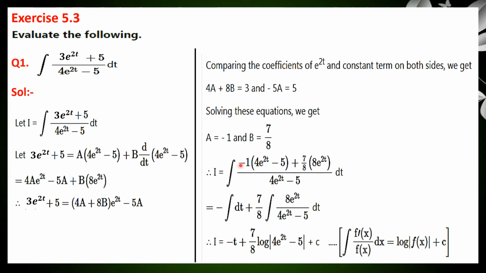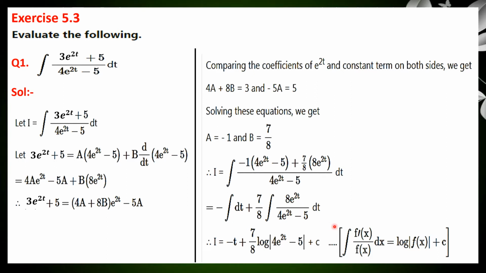Then minus the integral of 1, since numerator and denominator are the same, so only dt remains, plus 7 upon 8 outside, and 8 e^(2t) as it is, because the derivative of the denominator is 8 e^(2t).